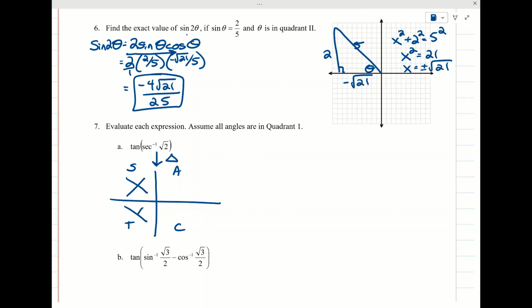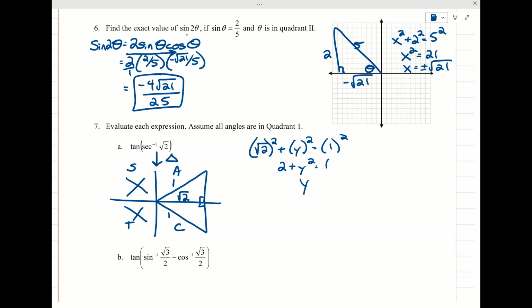So what we're going to do is draw a triangle there. And secant is adjacent over hypotenuse, root 2 over 1 for both of those triangles. Now, to figure out that other side, we're going to do root 2 squared plus y squared equals 1 squared. 2 plus y squared equals 1.